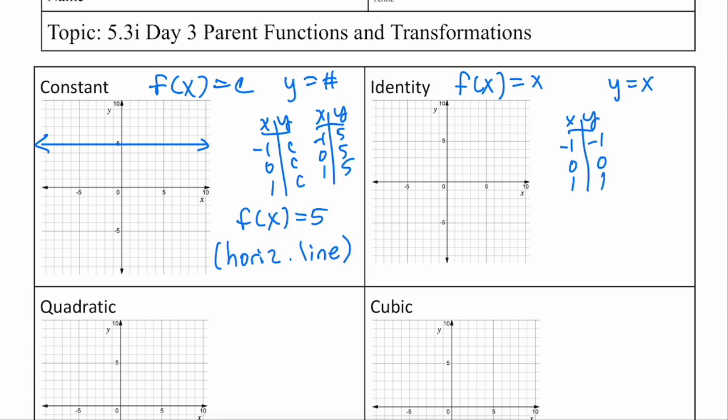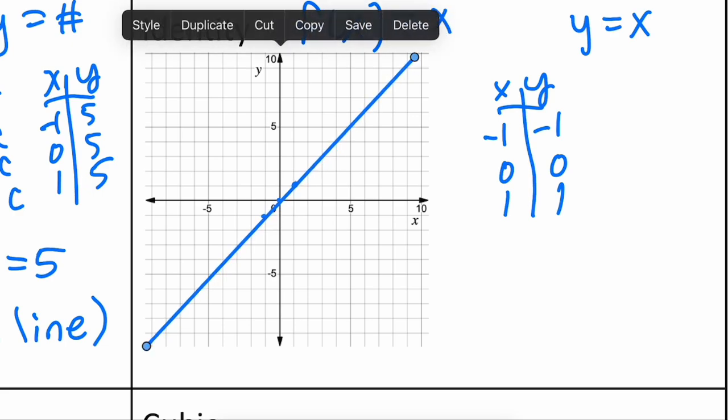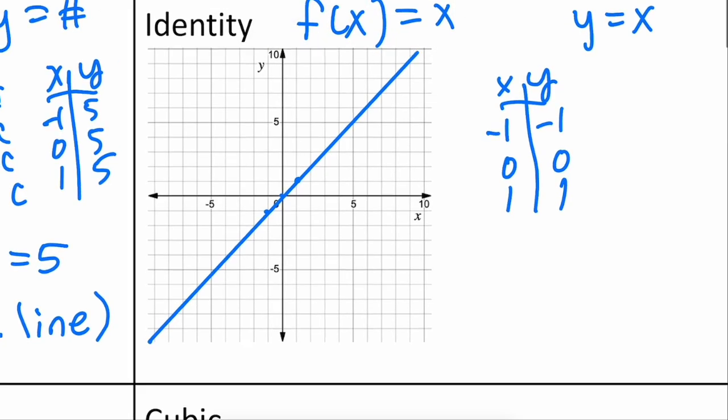So if we go onto our graph paper, spread your line across your graph paper. So your line looks something like that. So it goes through the origin, has a slope of 1.